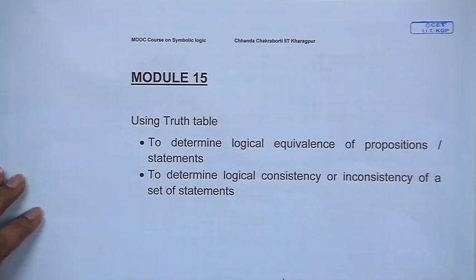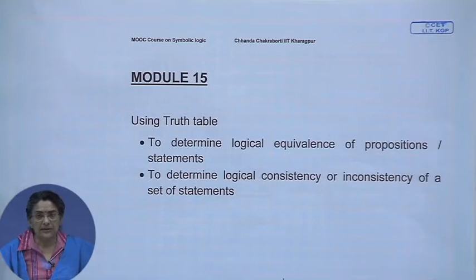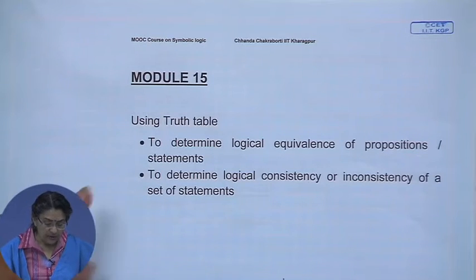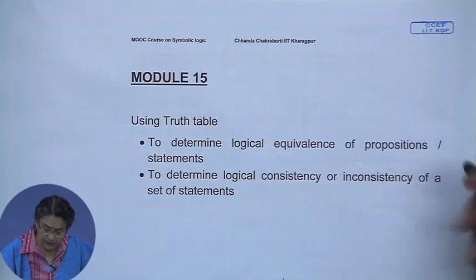The last one on our semantics portion is using the truth table to determine two different kinds of properties. One is whether, given two propositions, we can tell that they are logically equivalent or not. So, determining the logical equivalence of propositions, this is one.